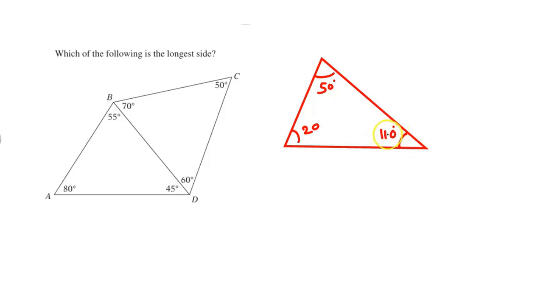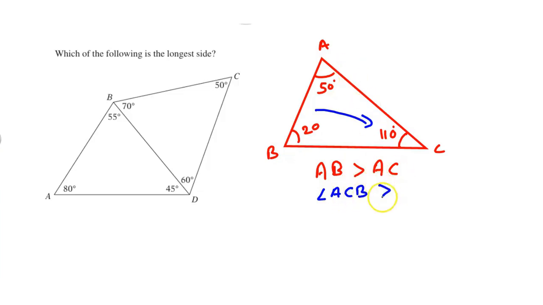So the side opposite to the largest angle will be largest. So if this is ABC, so AB will be greater than AC. Why? Because the angle opposite to it, that is angle ACB, is greater than the angle opposite to this AC side, that is angle ABC.